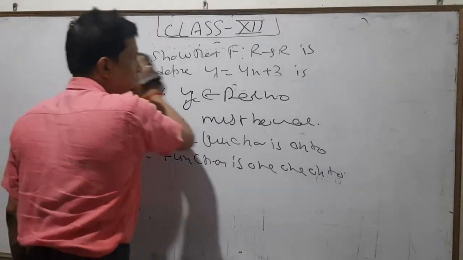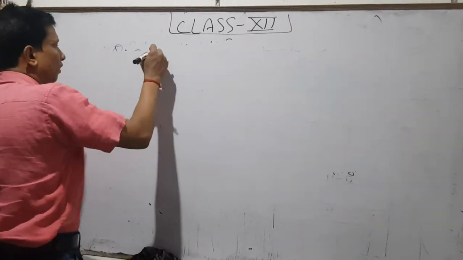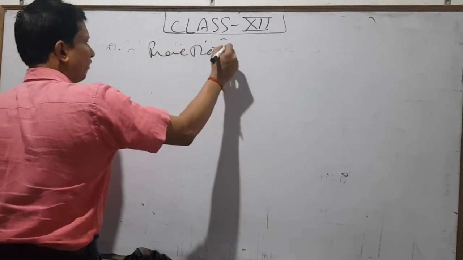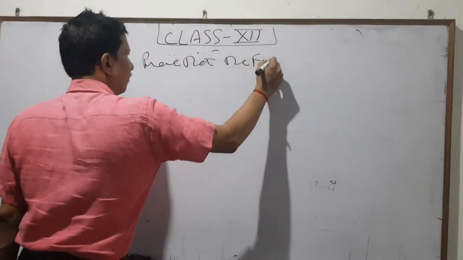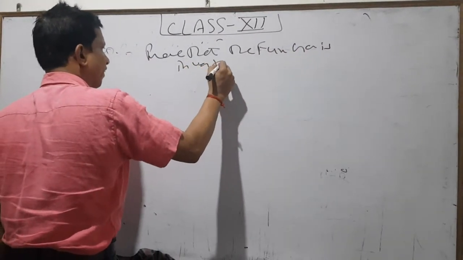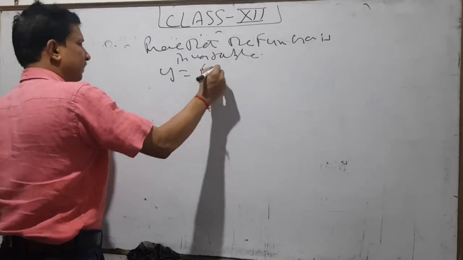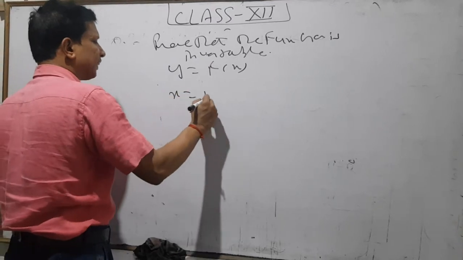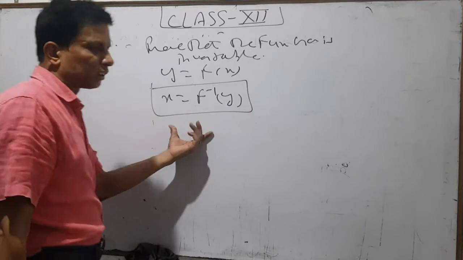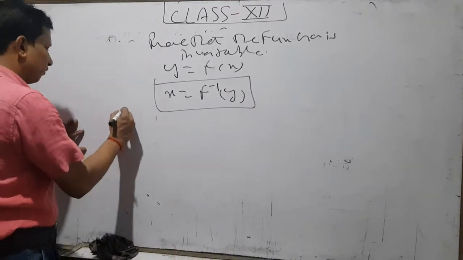Next, prove that the function is invertible. If y = f(x), then x = f inverse of y is known as an invertible function. I already explained this. Solution.